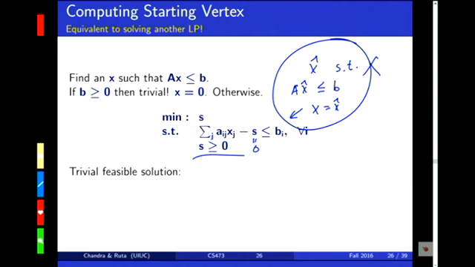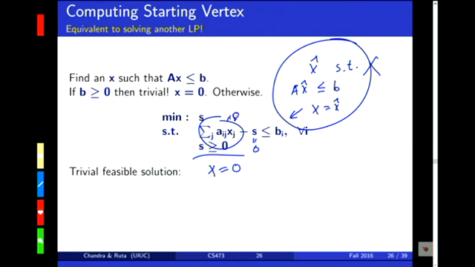Is there a feasible point where I set x equals 0, all x coordinates to 0? So let's say x equals 0. So this kind of goes away, right? This is just 0.